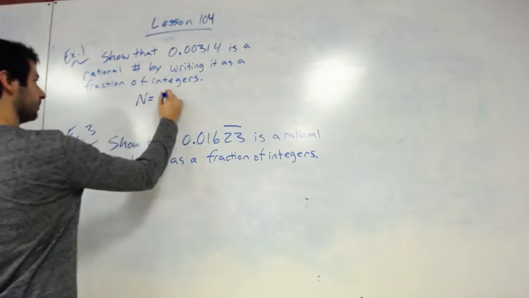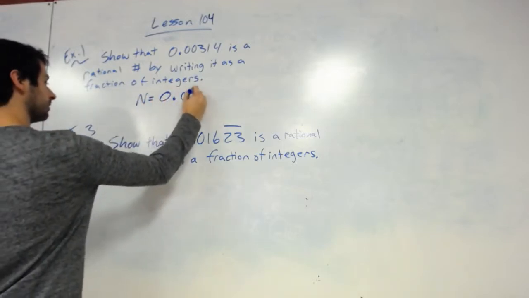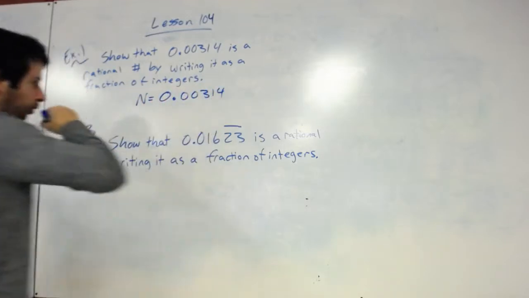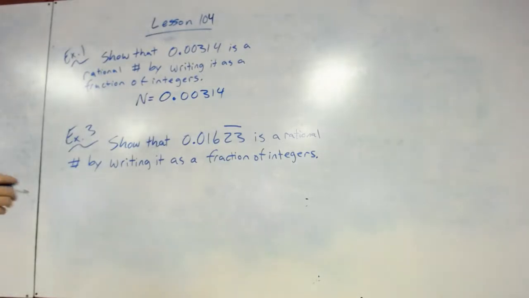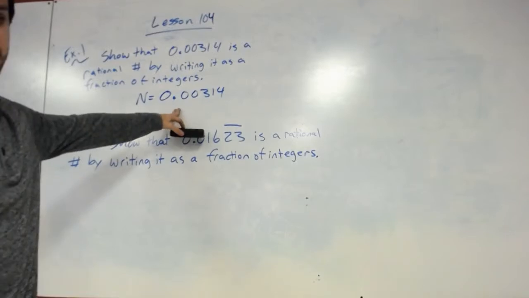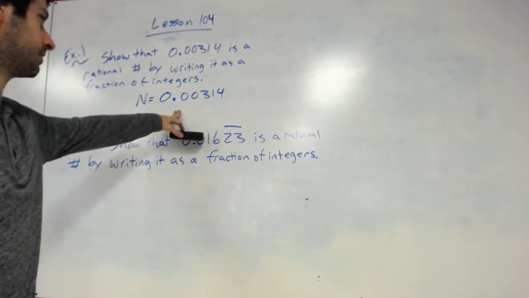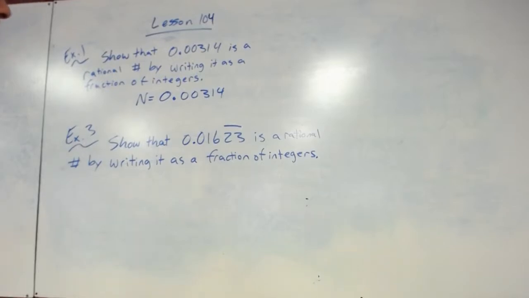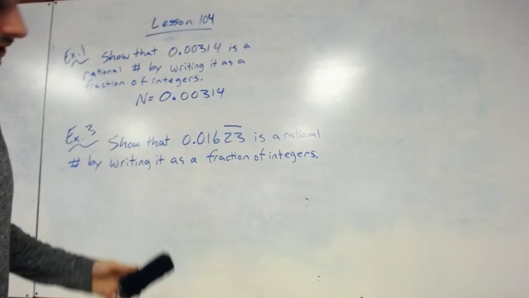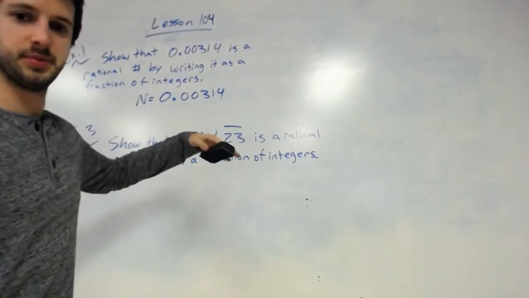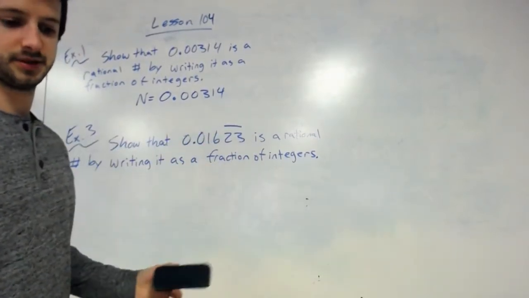So here's our number, 0.00314, and I want to write it as a fraction of integers. Since I'm writing it as a fraction, I can't just move the decimal. That'd just be writing it as a separate number.